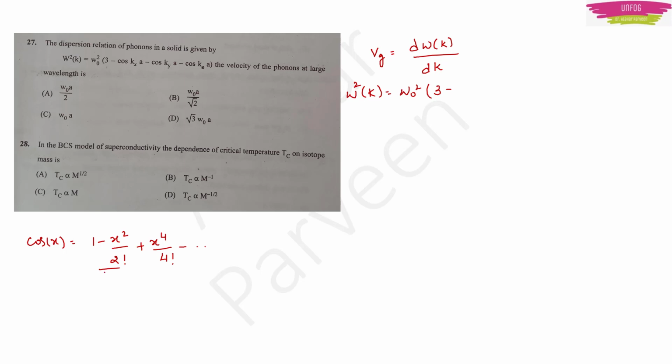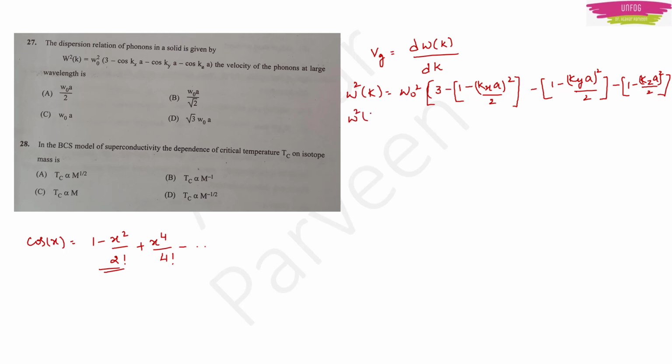3 minus, in place of cos kxa, I am going to use the series and write 1 minus kxa whole square by 2 factorial, minus 1 minus kya whole square by 2, minus 1 minus kza whole square by 2.